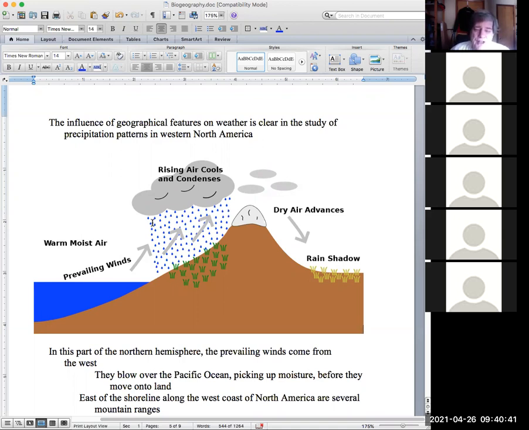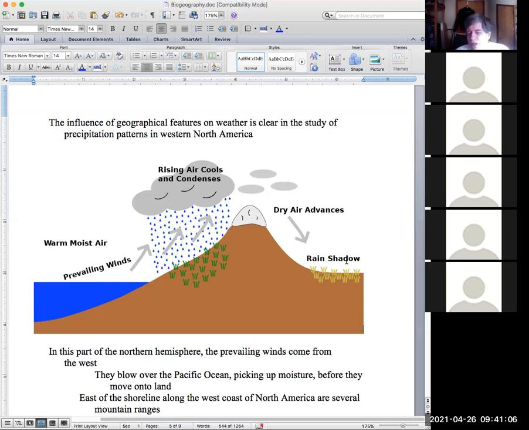There's a lot of precipitation on the western side of those mountain ranges that are located in North America and South America. But by the time the air rises to the top of the mountains and starts to go down the other side, most of the moisture that was in it has been lost. It's fallen out as rain or at the upper elevations, maybe snow.